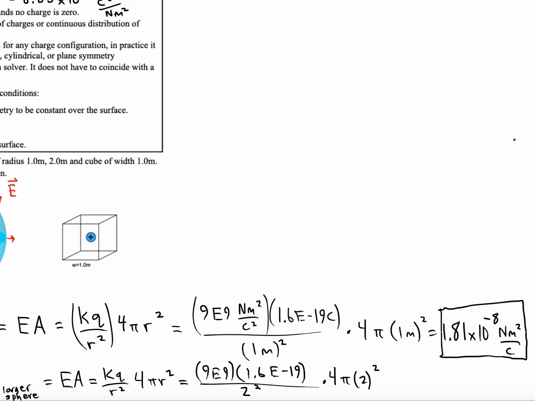We can see an interesting thing in the mathematics here. What we see is that no matter what the radius is, it's going to cancel out. And interestingly, we get the same flux here as we did in the previous sphere.